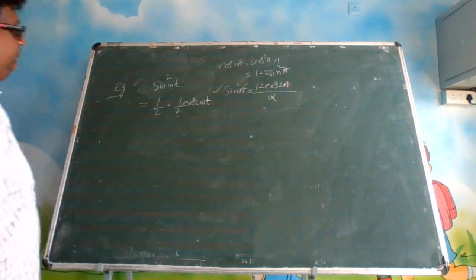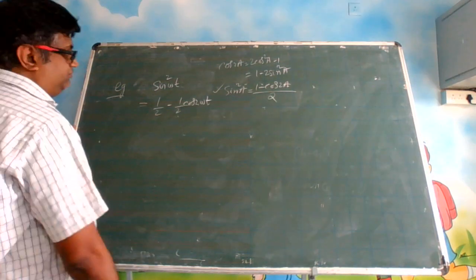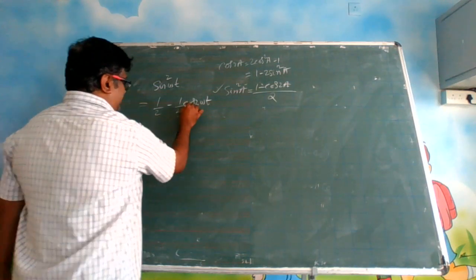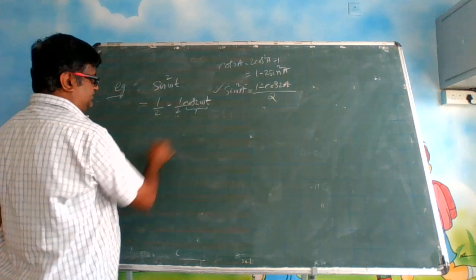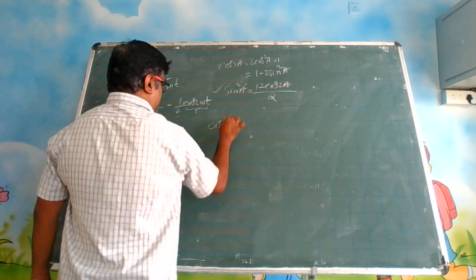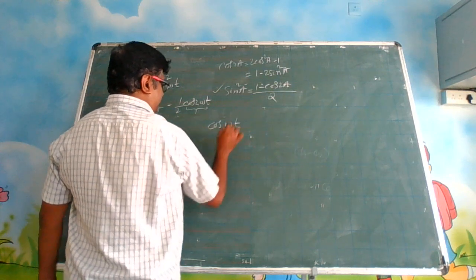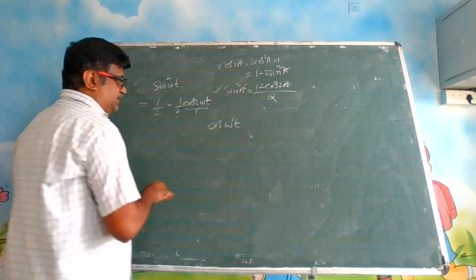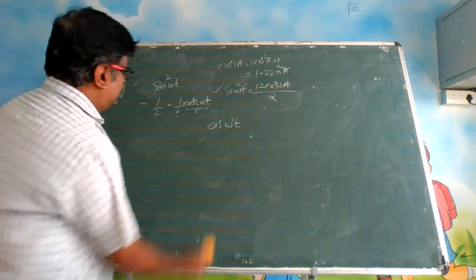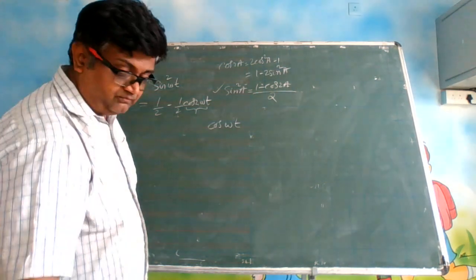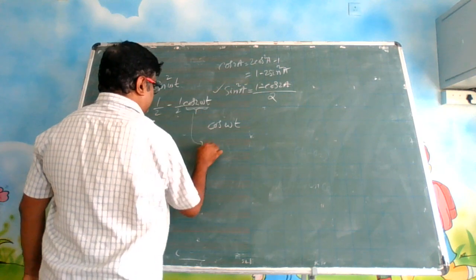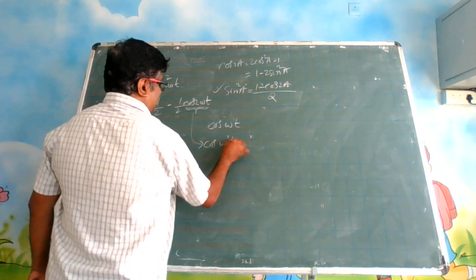Now first of all, we have to see what the time period of this is. Only watch this term, as it will decide the time period. Compare this with our regular equation, cos omega t. I will write this term as cos omega dash t.